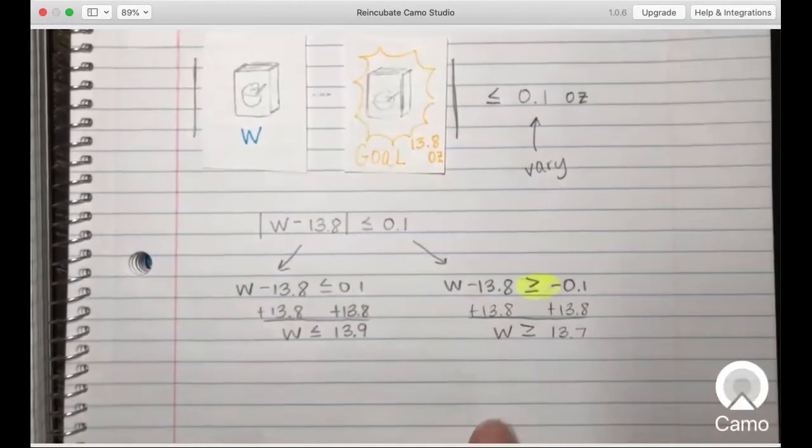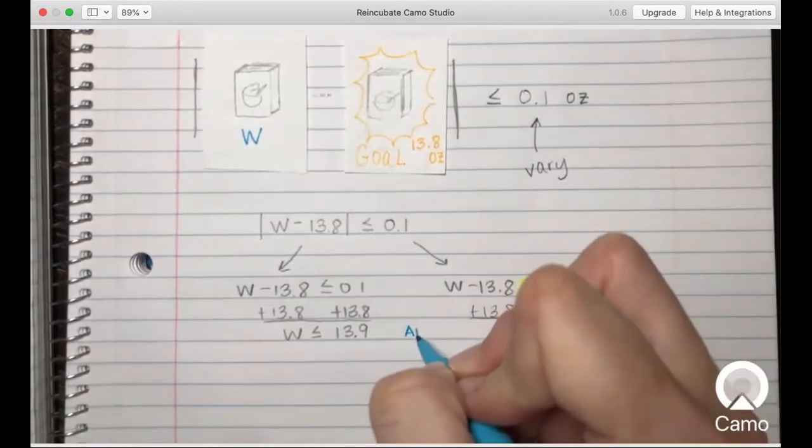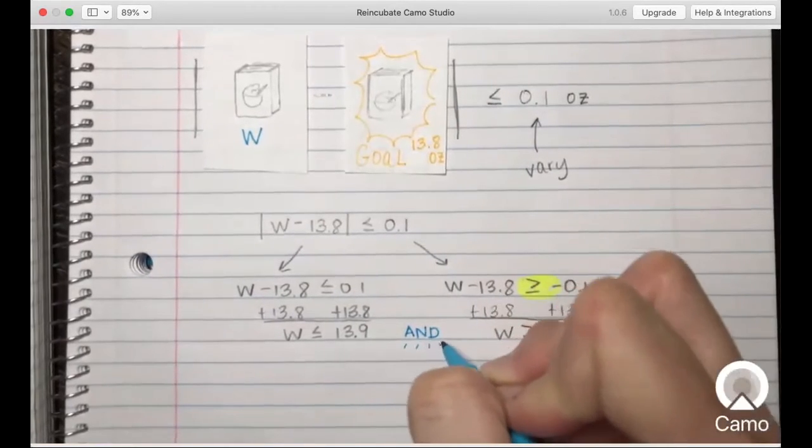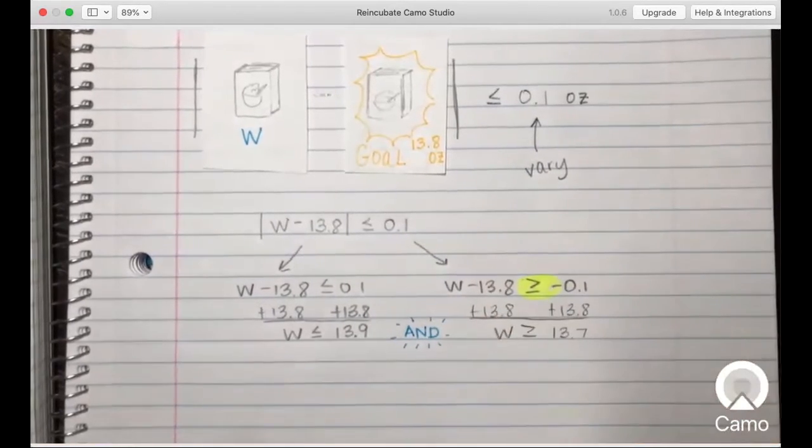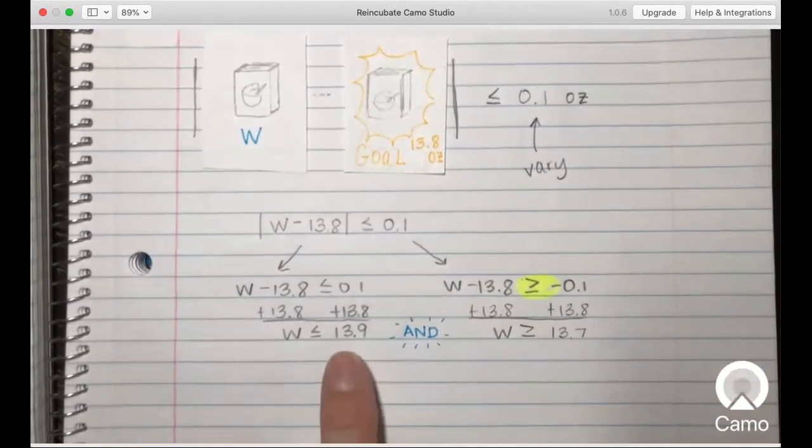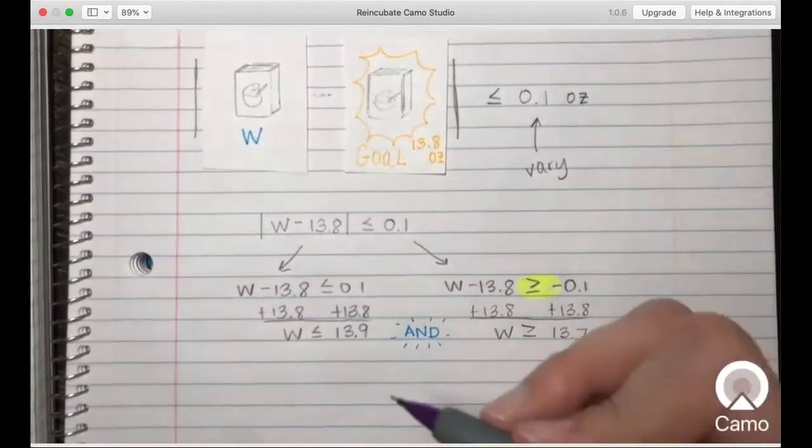And so let's think about this. Do we have a box of cereal that can be greater than 13.7 but less than 13.9? And the answer is yes. That's going to be one of our situations that is an "and," because we can have lots of boxes of cereal within those two parameters. So remember, we think of it as between.